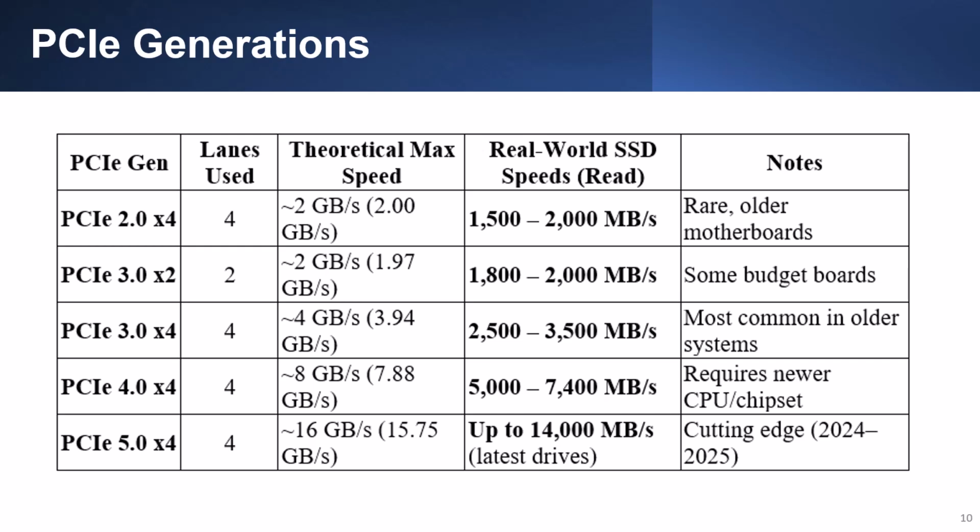Here is a table of the current PCI Express generations. As you can see, the next generation PCI Express 5.0 by 4 lanes can go up to 14,000 megabytes per second.